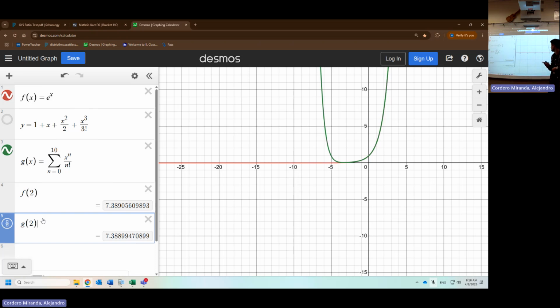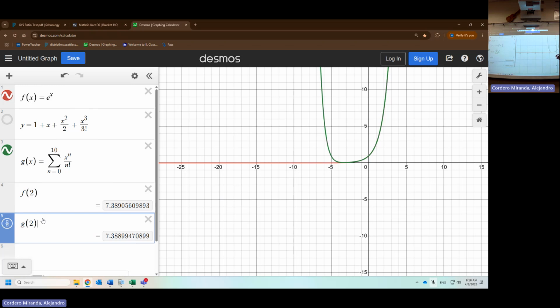Because based on the graph, yeah, we would. But in that case, maybe Desmos does something else, which is actually what's coming up. So yeah, that's a good question. Notice how far off it is. If I wanted to take e to the negative 10, I would be way far off.